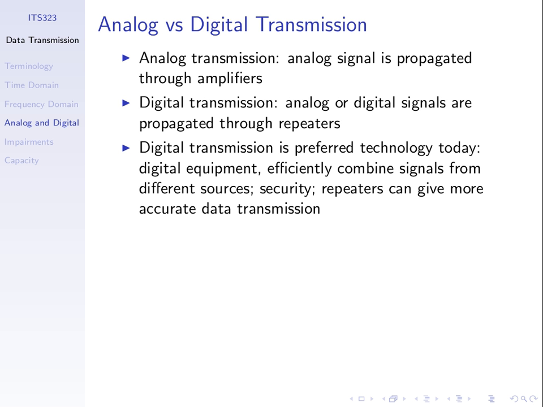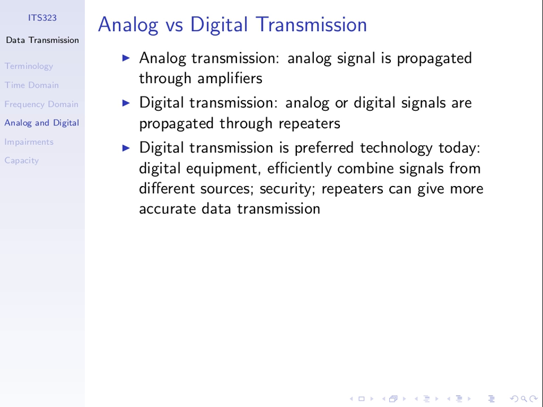I won't go through an example, but we could also do this example with digital signals instead of analog signals. But again, the difference between digital transmission and analog transmission is how we process that data at the intermediate points. Digital, always treat it as bits and repeat. Analog, always treat it as analog and amplify.